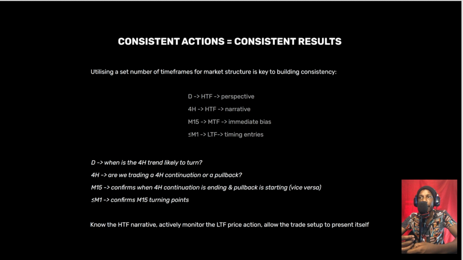All right, so the 15-minute confirms when the 4-hour continuation is ending and a pullback is starting, and vice versa. Okay, and the M1 confirms the 15-minute turning points. So know that the higher time frame narrative is actively monitoring the lower time frame price action, allowing the trade setup to present itself.